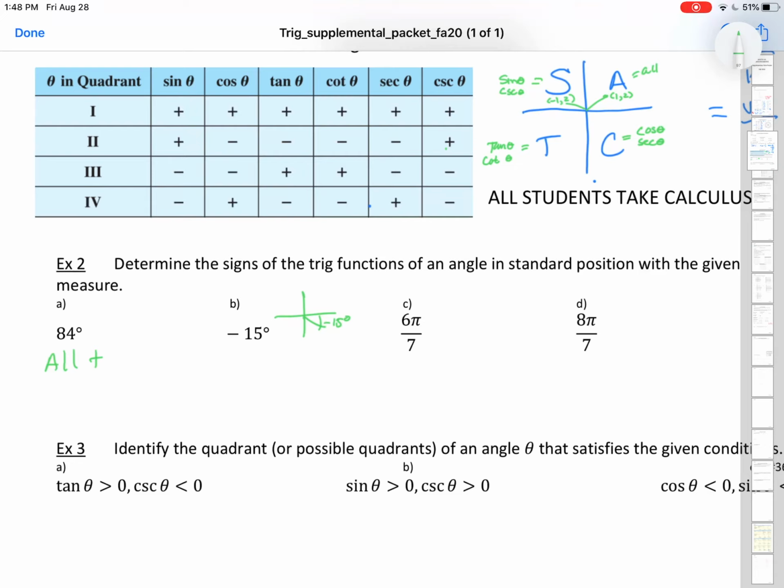So remember, all students take calculus. It's only cosine. So sine of negative 15, they're not asking you to find it, is negative. Cosine of negative 15 degrees is positive. Tangent of negative 15 degrees is negative, right? Cosecant is negative. I should put the 15.